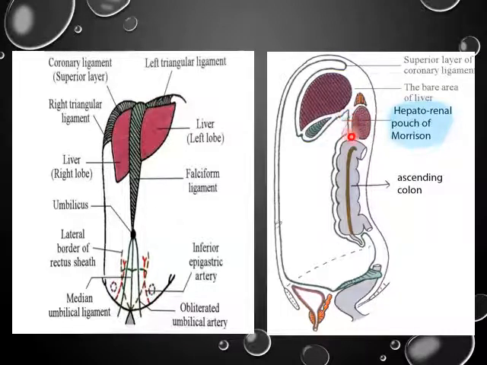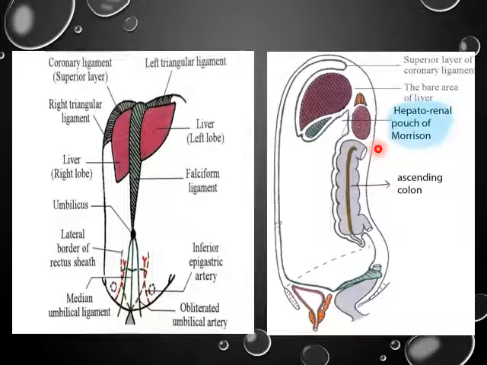A pouch like thing, a depression or a groove like thing, is called the hepatorenal pouch of Morrison. Hepato, liver; renal, kidney. So it is the peritoneal pouch in between the liver and the right kidney, the hepatorenal pouch of Morrison. Why we are talking about this one is, whenever a person is lying supine, the hepatorenal pouch of Morrison is the most dependent area.